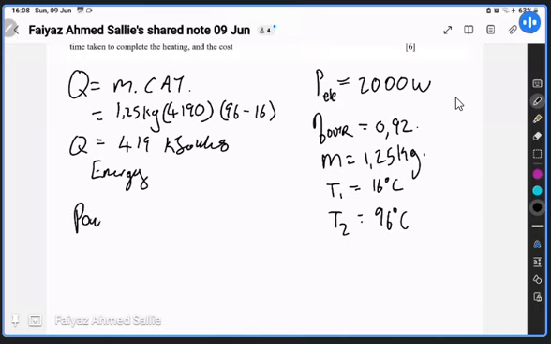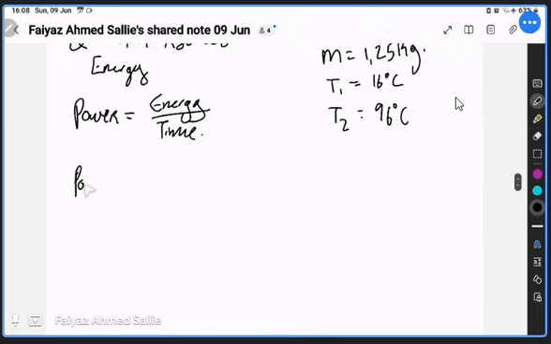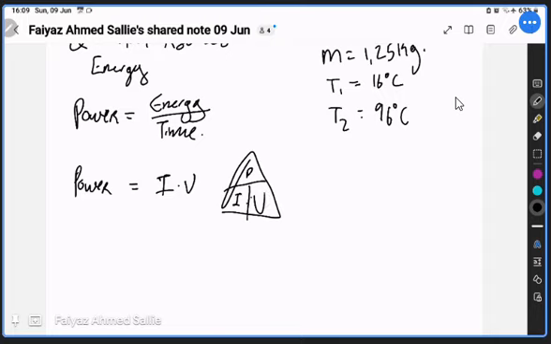And we know that power is equal to energy over time. We also know that power is equal to IV from the power triangle.